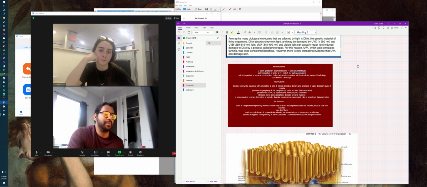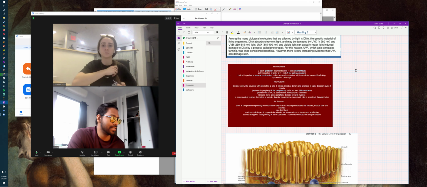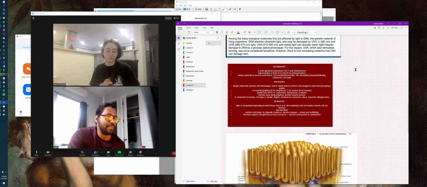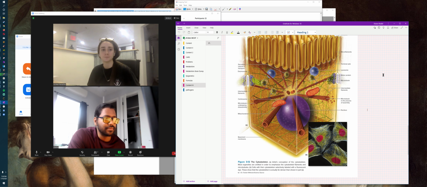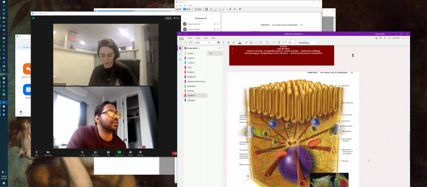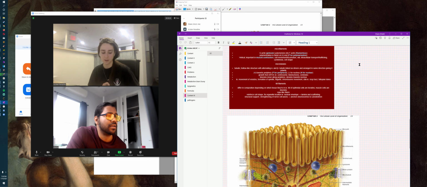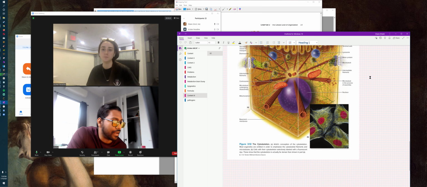So microfilaments, well, we know that they're important in muscle contraction, but they're also going to assist in intracellular transport and trafficking, cytokinesis, right, and cell shape. Oh, so I guess they are important in mitosis because of cytokinesis. Yeah.